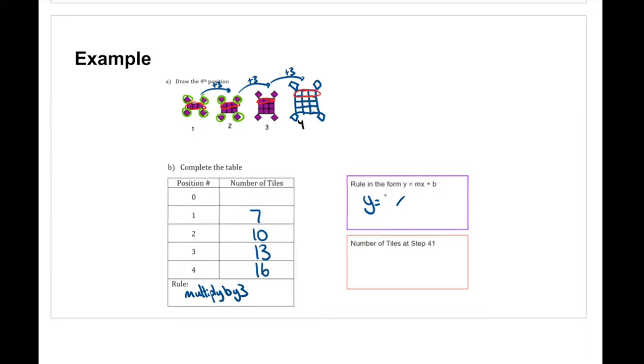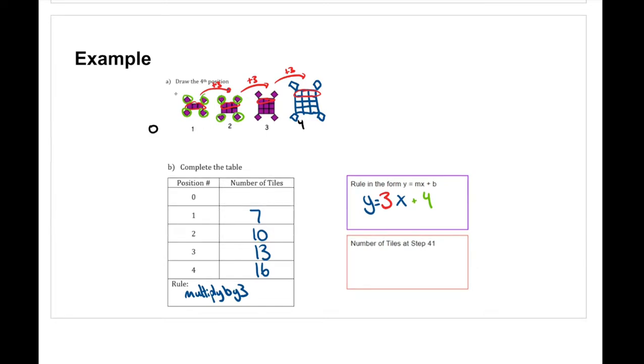Let me color code things here. That part that's not changing is our constant, or plus 4. We also mentioned that could be position 0.